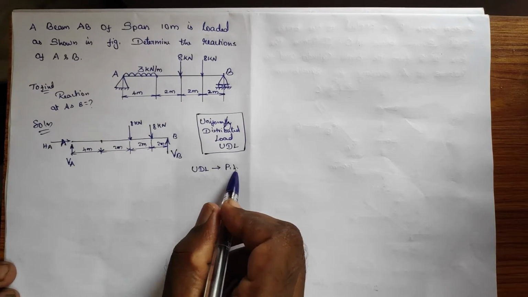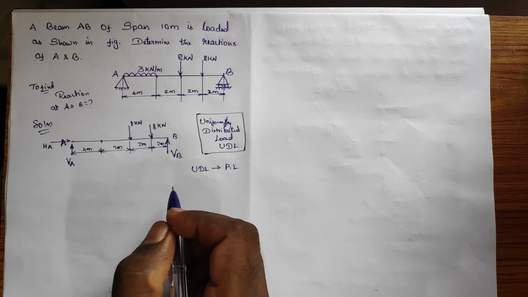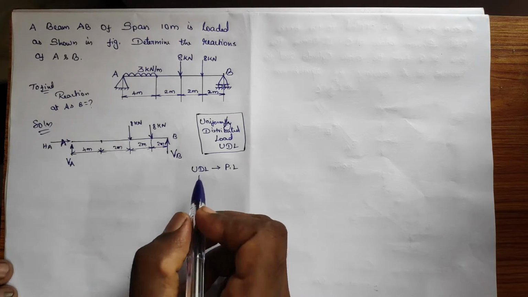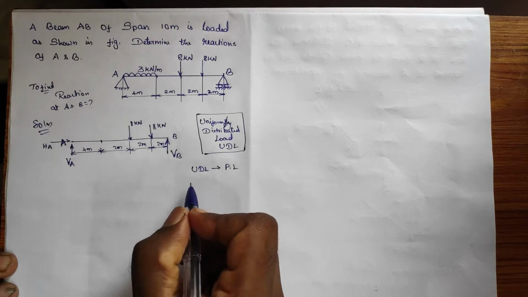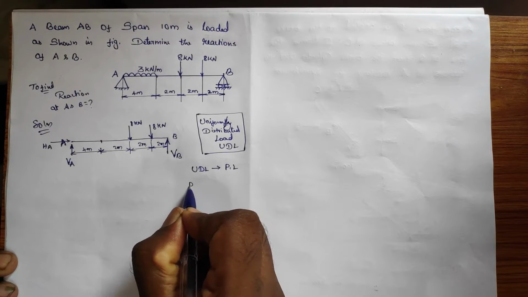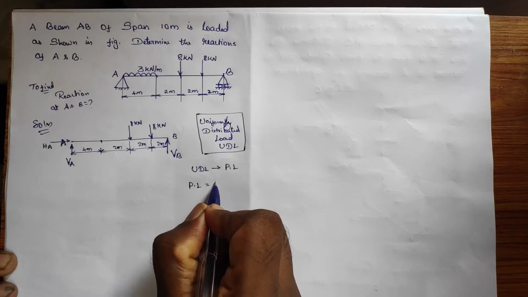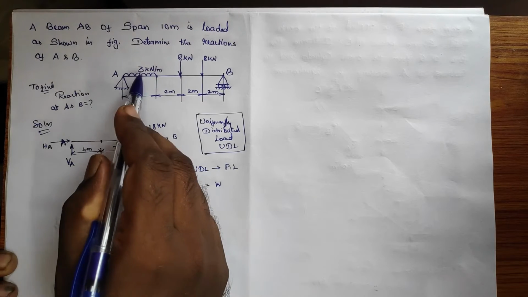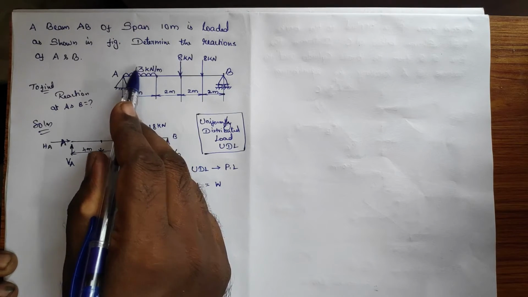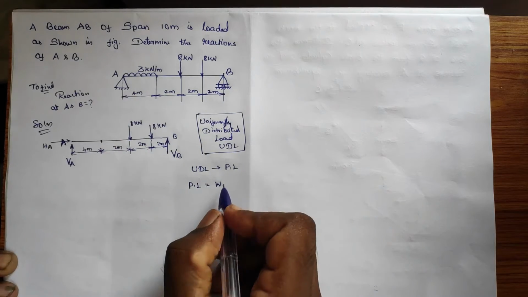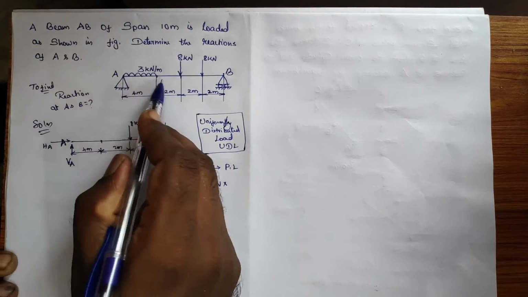In order to convert this to a point load, in the introduction part on types of load, I have discussed and given you the formula. That means a point load can be obtained by multiplying the intensity of the load by its length.